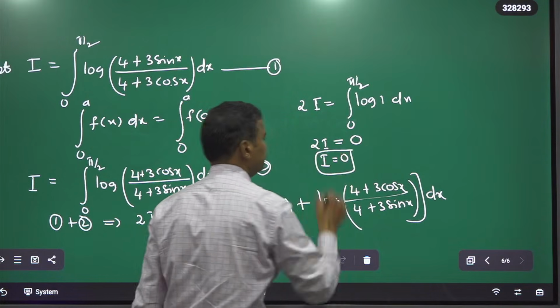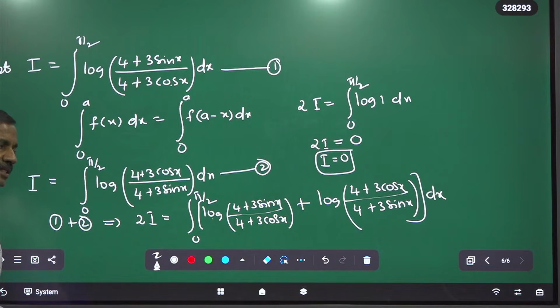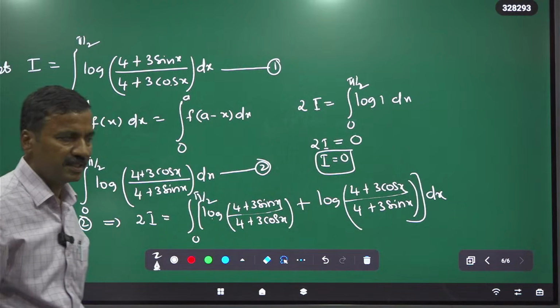So by applying that property, we can solve these types of problems easily.